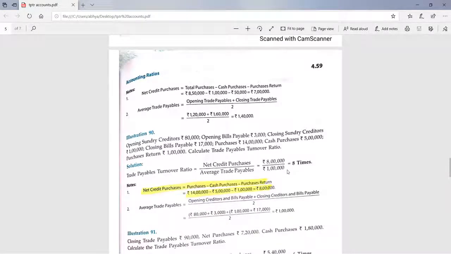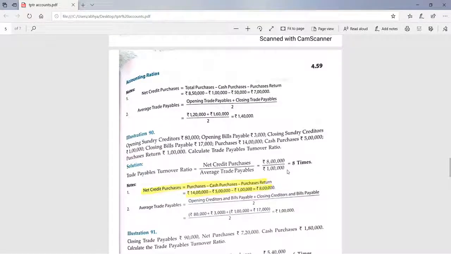Net purchases are already given, but you need net credit purchases. So what you will do? Net purchases 720 minus cash purchases 180, so 540. And now closing trade payables are given, 90,000.